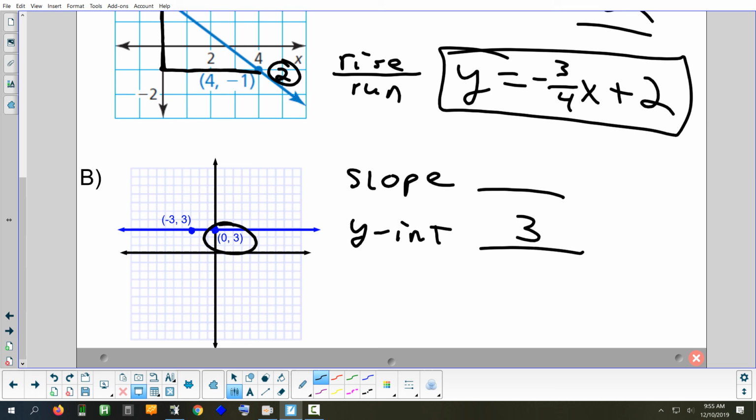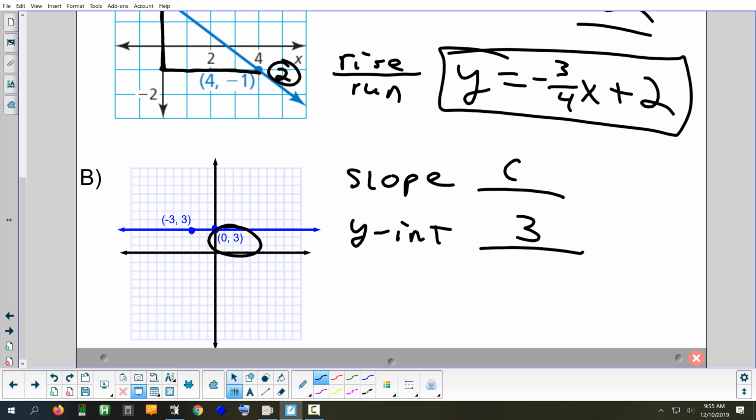And now we need to find our slope. Well, this line is horizontal. Is that a special case? Yes. If it's horizontal or vertical, that's special. This line is perfectly flat. We just did one like this earlier. If your line is perfectly flat, doesn't slant up, doesn't slant down, what's the slope? 0.